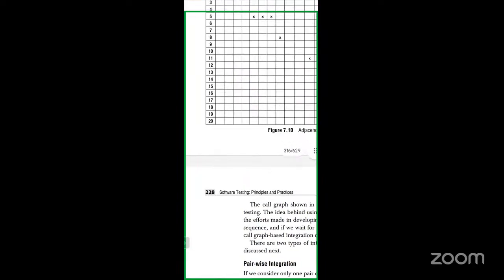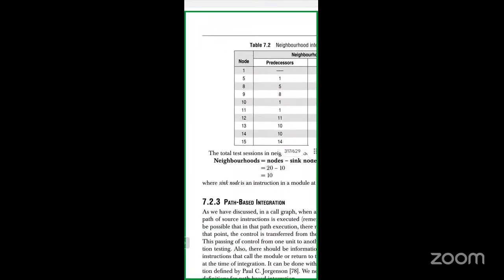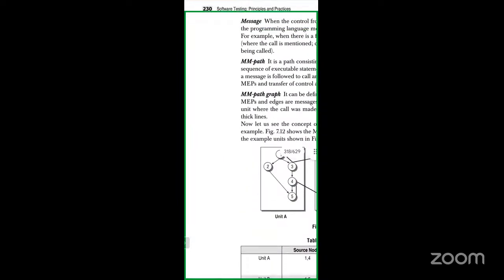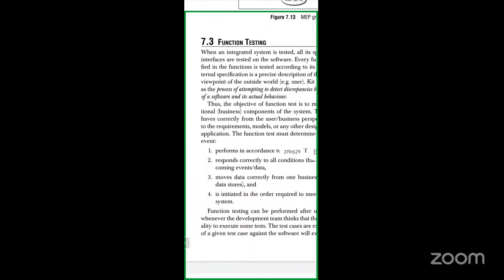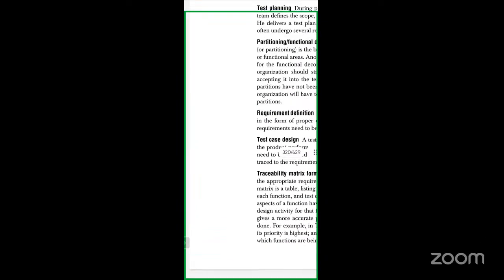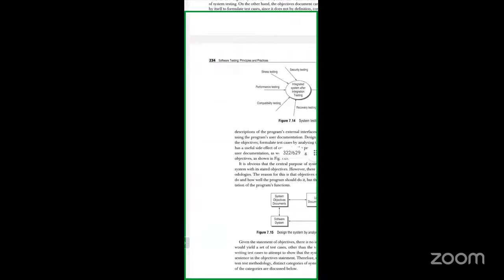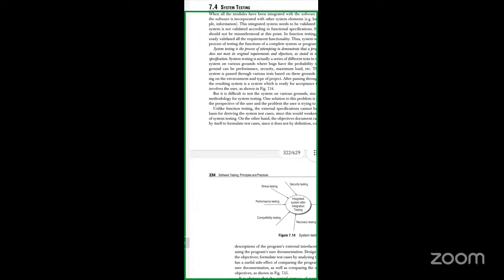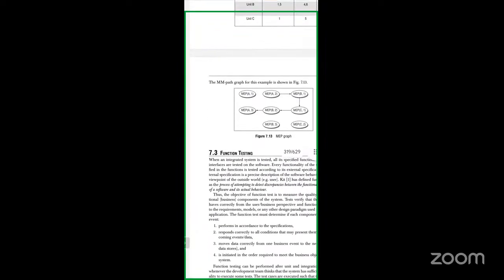Okay, so as it is theory, you can go for the readings. No issue with that one. Path-based testing and all those things we have covered in the previous classes itself. Then we are having function testing. So system testing we are having and function testing we are having.